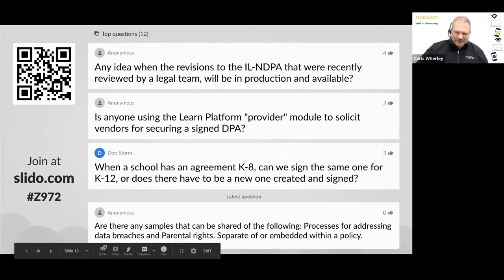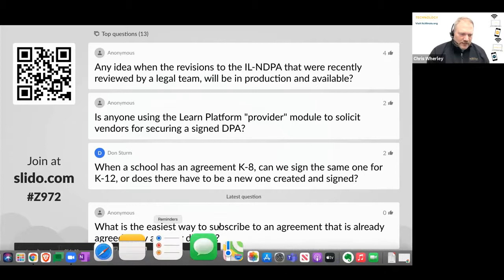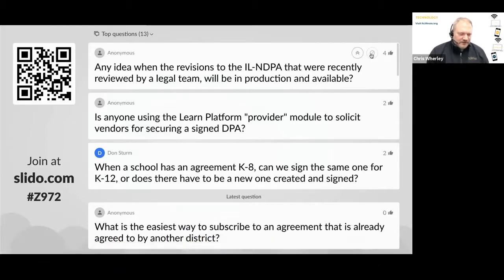So if it's the same for We Video for Schools, and it's the same for Pear Deck, then there's really nothing there for you to question, other than the data that's being shared with that agreement. So we'll continue to update you on when a new or revised agreement comes out, but there's nothing to keep you from using the NDPA, unless your lawyer, who's going to defend you in a court of law if anything would happen, needs to do that.